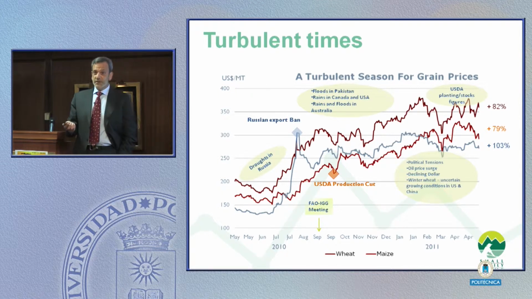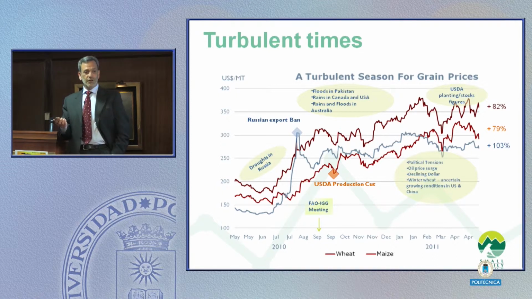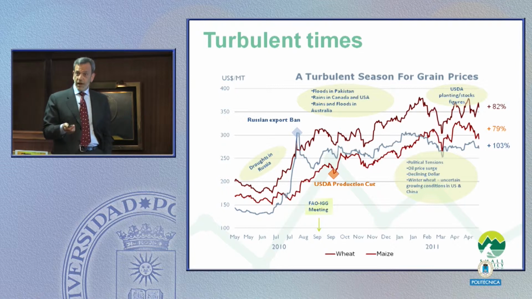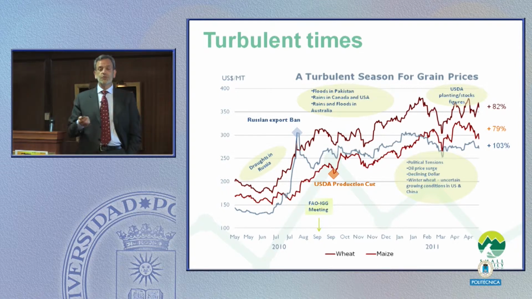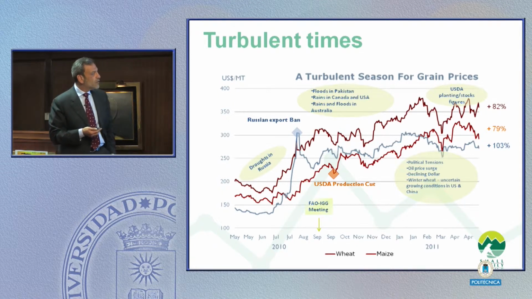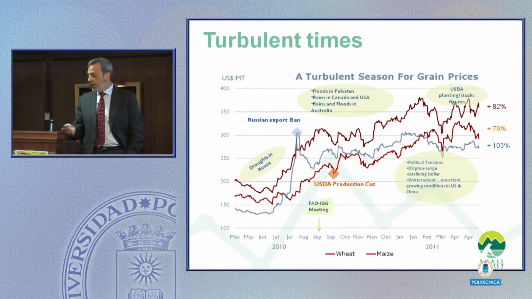Then FAO comes in with the intergovernmental group on grains, in the Committee on Commodity Problems, and tries to calm the markets a bit, but then in September, USDA revised downwards their estimates about the crop. And so on. We have floods in Pakistan, political tensions, oil prices are volatile. The result is what you see in this graph. It's quite complex.